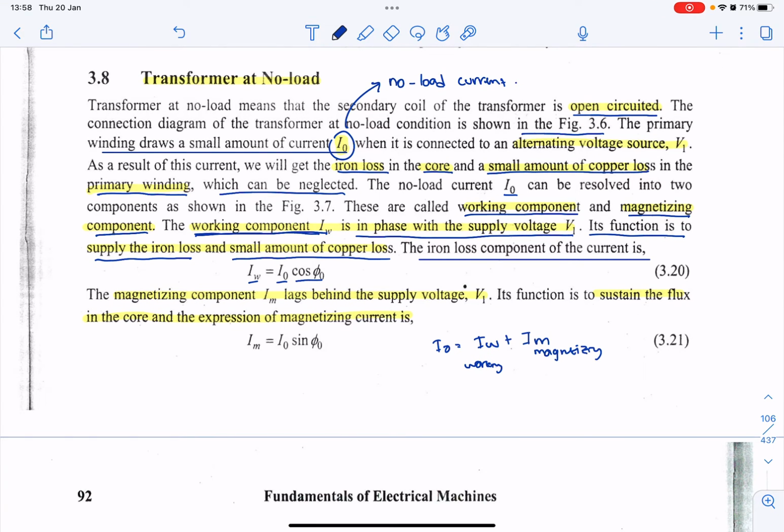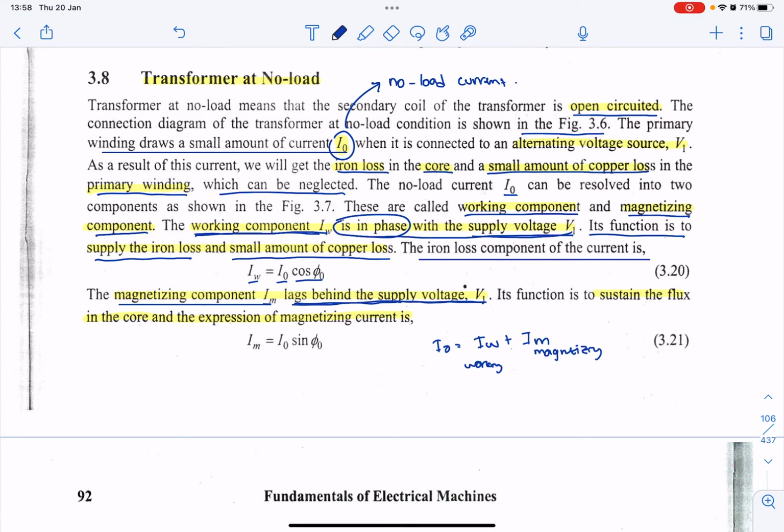The other current is the magnetizing component current, and this magnetizing component current lags behind the supply voltage V1. Compared to the working current, which is in phase with the supply voltage, the IM lags behind the supply voltage.